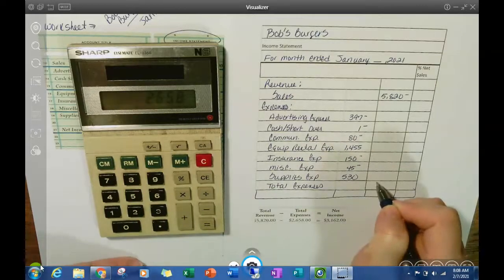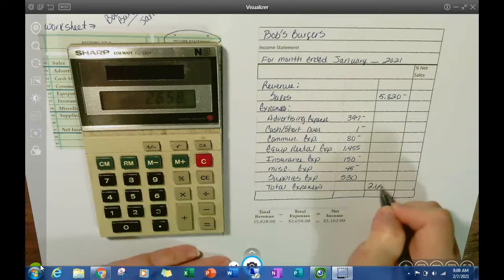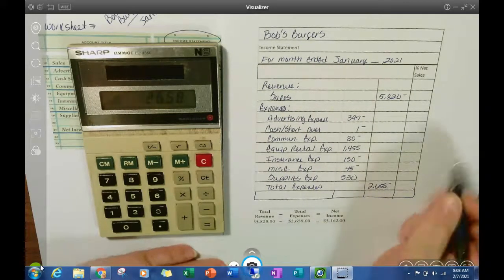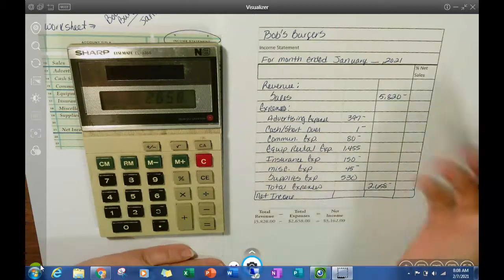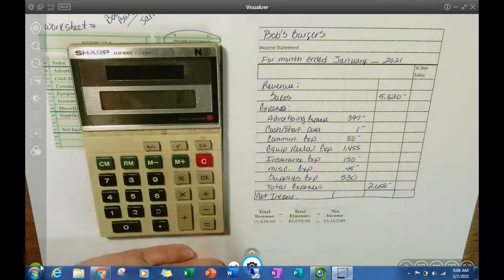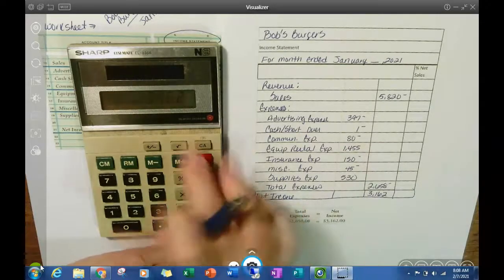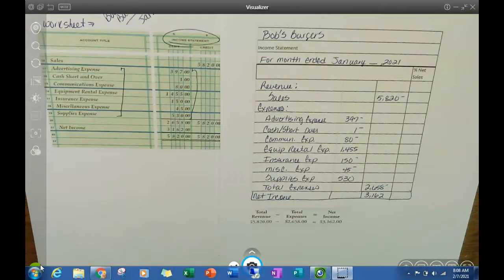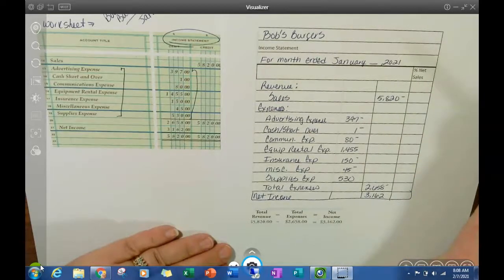Total expenses are $2,658. Net income, notice that it is flush. You take sales minus expenses. $3,162 is the owner's net income of Bob's Burgers for month ending January.